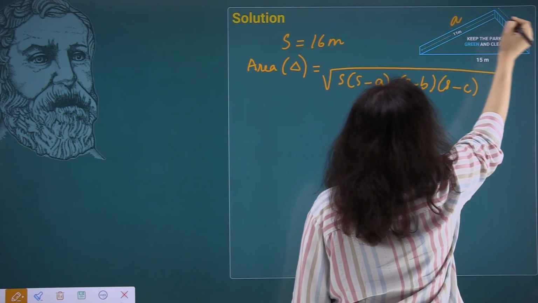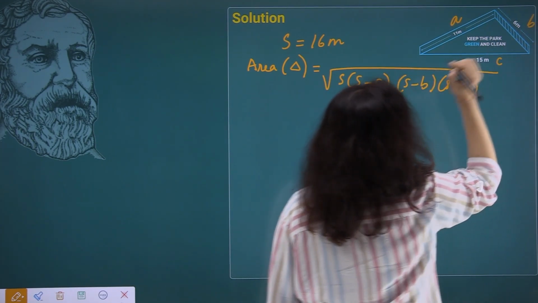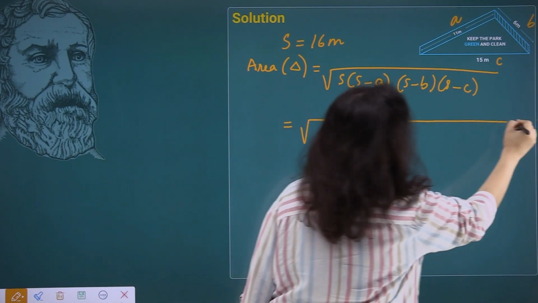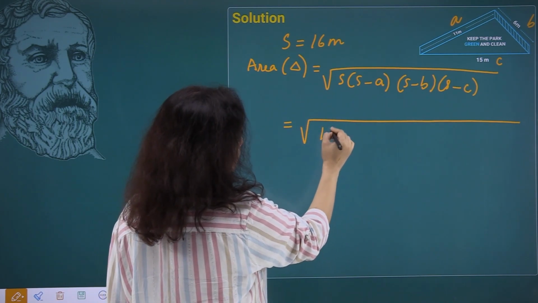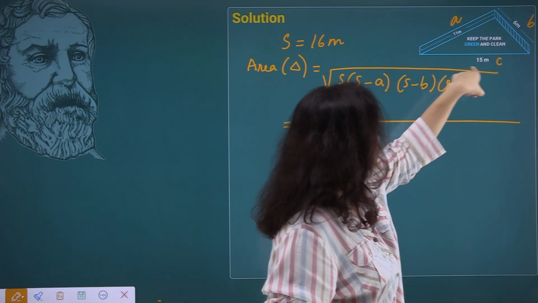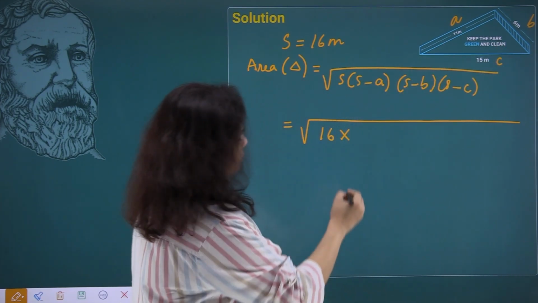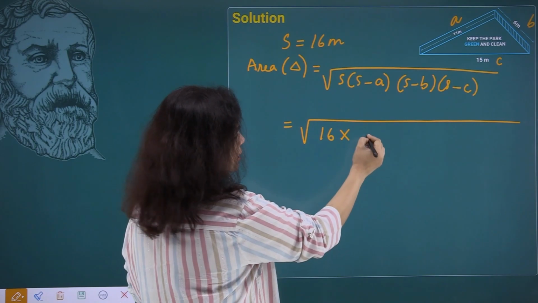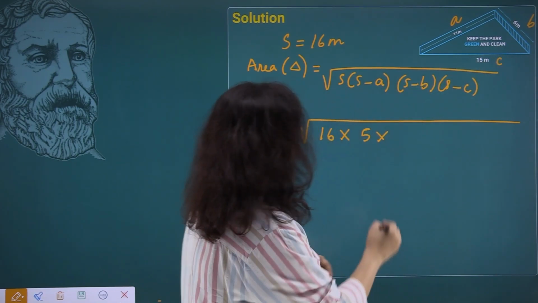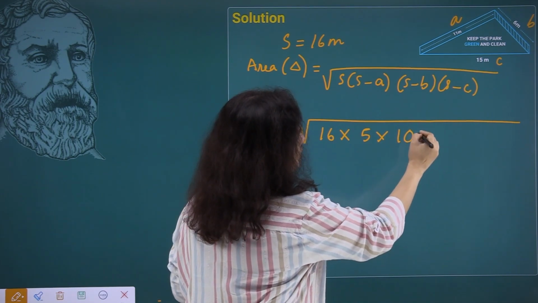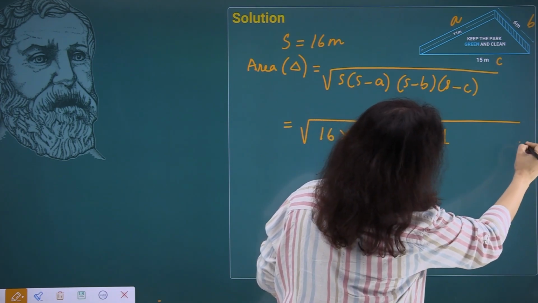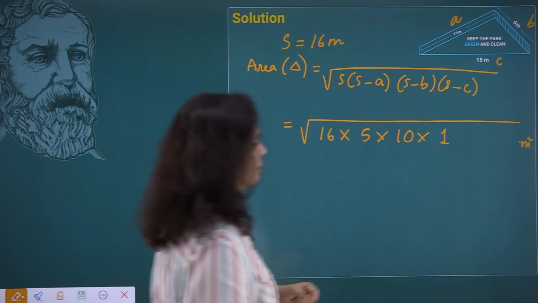Let this side be A, this be B and this be C. Substituting the value of S, which is 16 meter, S minus A, that means 16 minus 11, equal to 5 meter. 16 minus 6 will give you 10 meters and 16 minus 15 will give you 1, and the unit we know will be meter square.